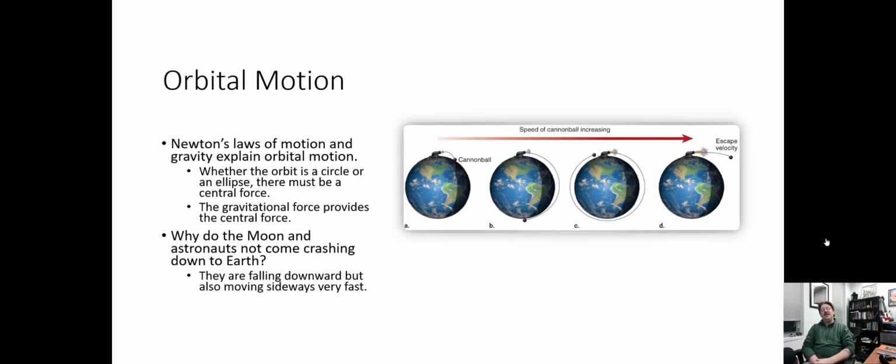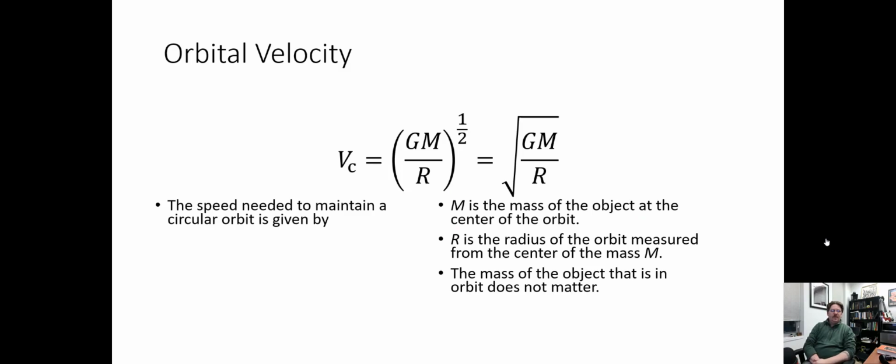If you get a speed high enough, if you have a linear speed high enough coming out of the cannonball, then you can achieve orbit, and that is described by this.